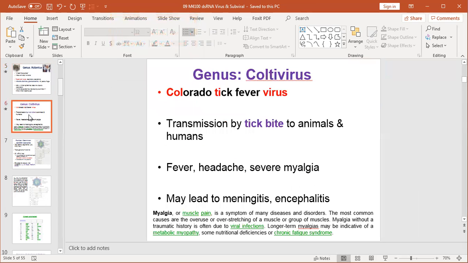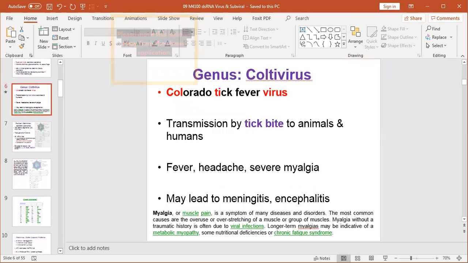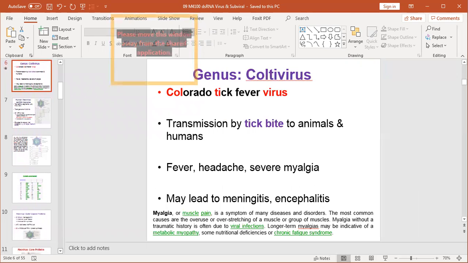Slide number 6, the next genus is called Coltivirus, Colti for Colorado tick fever virus. That's the main virus in this genus, Colorado tick fever virus. As the name implies, transmission of this virus is by tick bites to animals and humans.